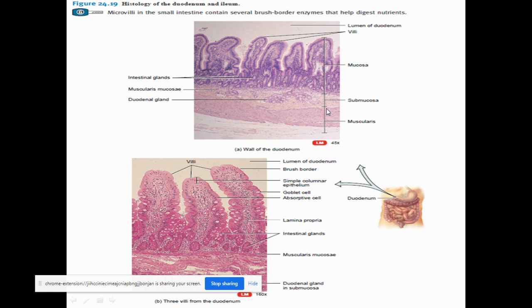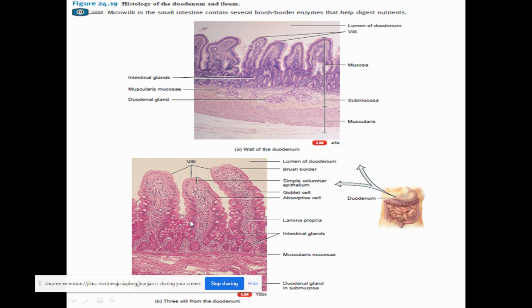You can see the mucosa extends up to here, and then come the submucosa and the muscularis. The mucosa contains the epithelium, the lamina propria, and the muscularis mucosae. Then this is the submucosal region where you can see the MALT cells, and the muscularis, the circular and longitudinal layers.